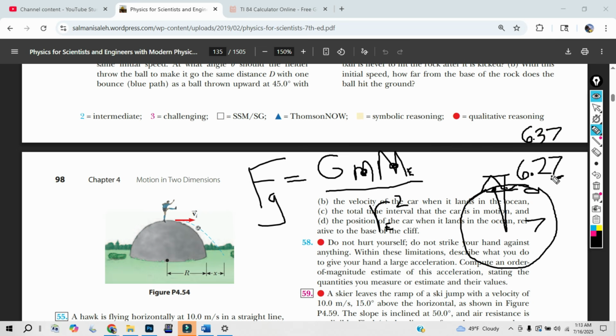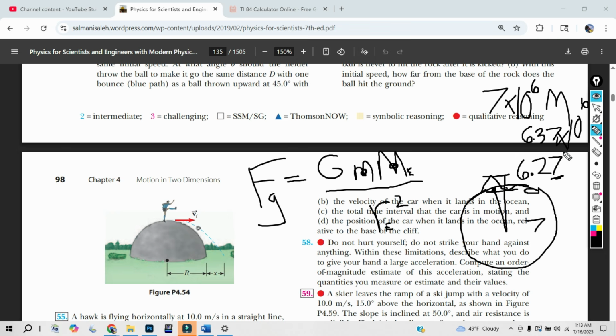And it's weird, because it's 6.37 times 10 to the 6. And so even though it's 6 times 10 to the 6, you could round that to 7 times 10 to the 6. So this is 7 million meters. No, is it? It's 6 million meters.